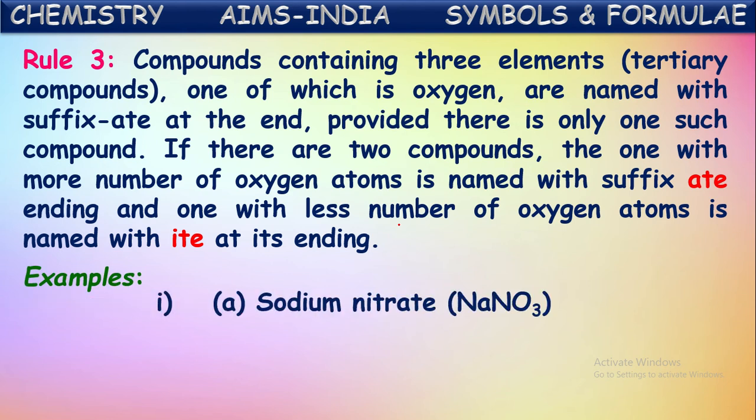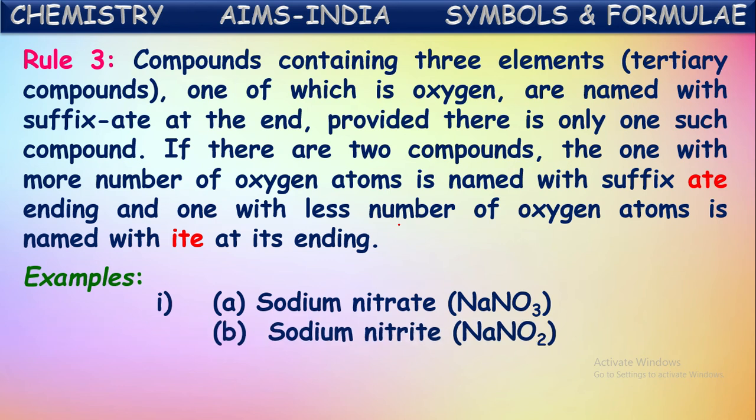For example, the compound formed between sodium, nitrogen and oxygen. Actually, these three elements in combination may form two types of compounds, NaNO3 and NaNO2. If you observe these two compounds, they are formed from the same elements, isn't it? Nitrogen, sodium and oxygen. But one of these two compounds has more oxygen atoms and the second one has fewer.